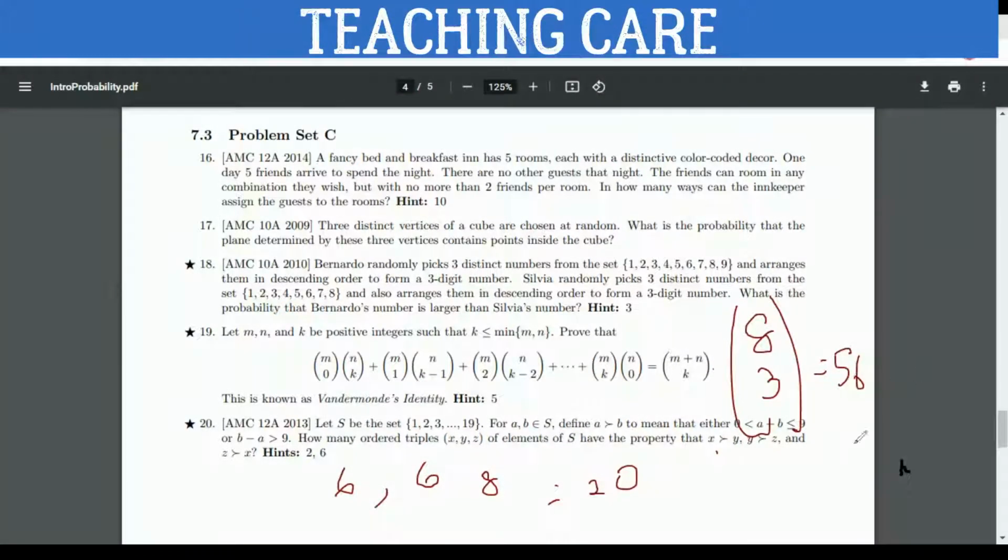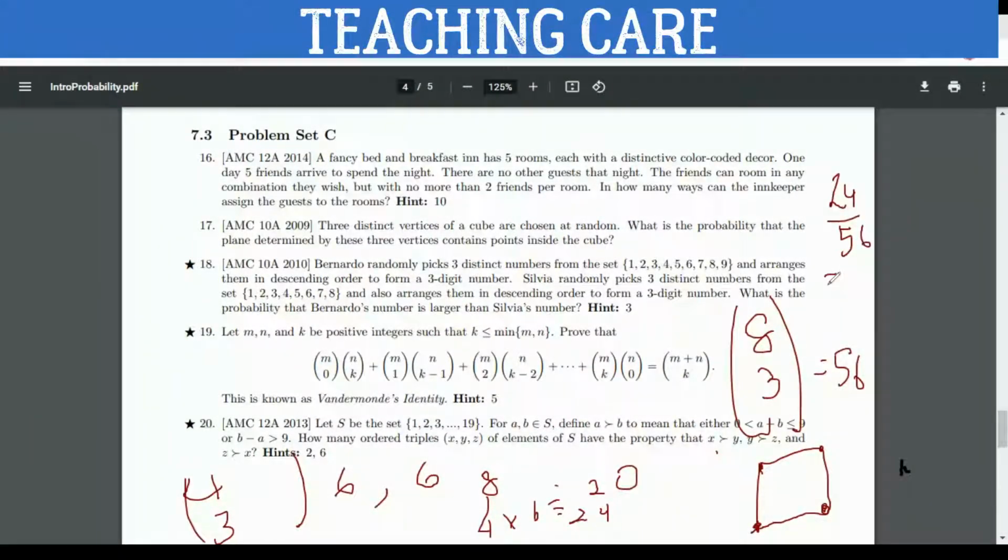You have 4C3 ways of selecting 3 points from the vertices of a single face. Times 6, because totally 6 faces are there. So it is 4 times 6, which is 24. So 24 divided by 56, that you can take as 3 upon 7.